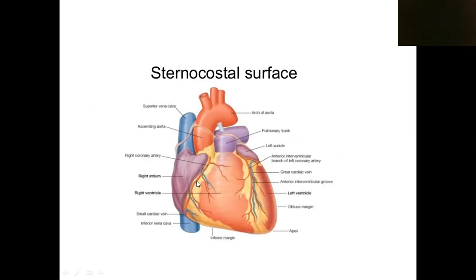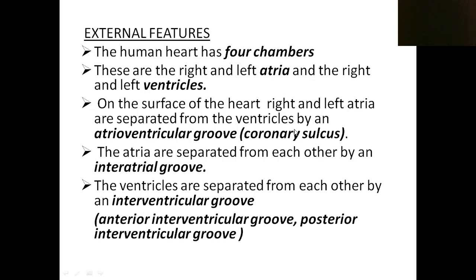This groove is known as what? Atrioventricular sulcus or groove. These two are separated by another sulcus there. Those sulci are known as atrioventricular, between the atrium and ventricle. So atrioventricular sulcus or coronary sulcus. It has one more name, coronary sulcus.